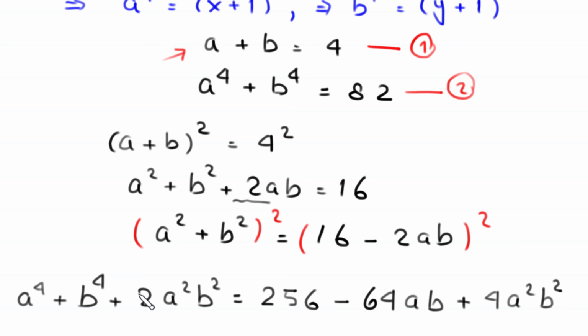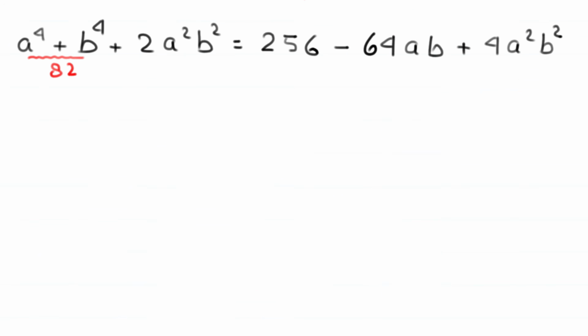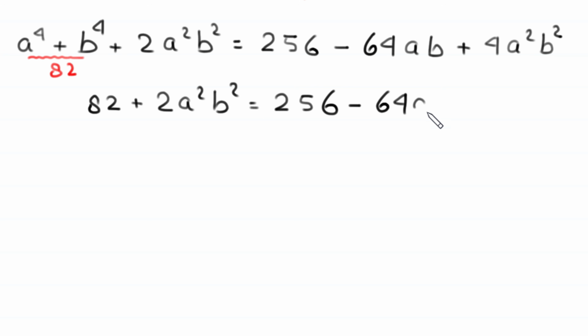Now in this equation we replace a to the power 4 plus b to the power 4 with 82 from equation 2. So the equation will become 82 plus 2 times a squared b squared equal to 256 minus 64 times ab plus 4 a squared b squared.